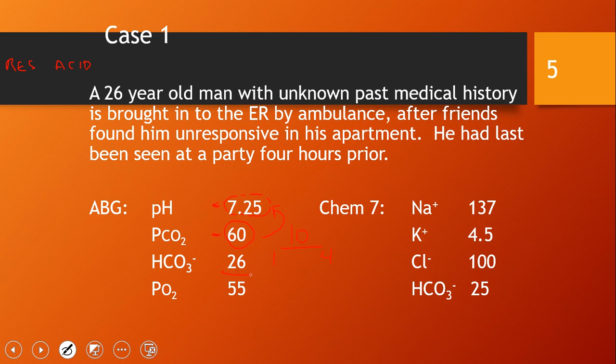And you can already see here, this is clearly acute, but let's just say, what would it look like if it was chronic? If it was chronic, that would be 24 plus 2 4s, so it would be plus 8, so it would look like something like 32. Well, it's not about 32, it's 26, and so now we know this must be acute.